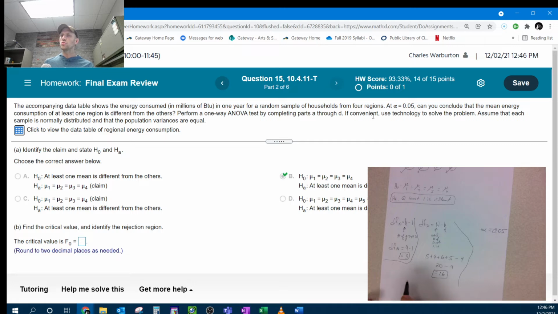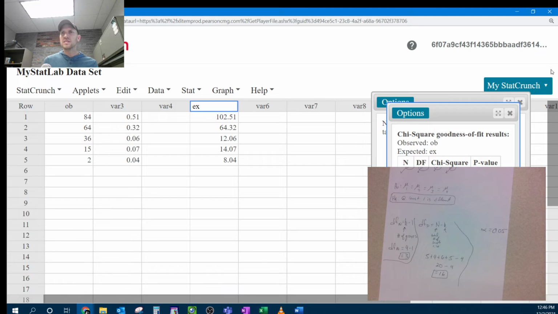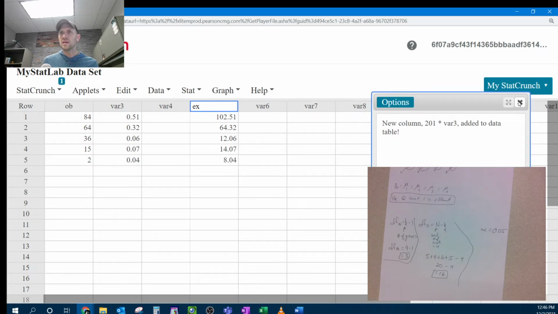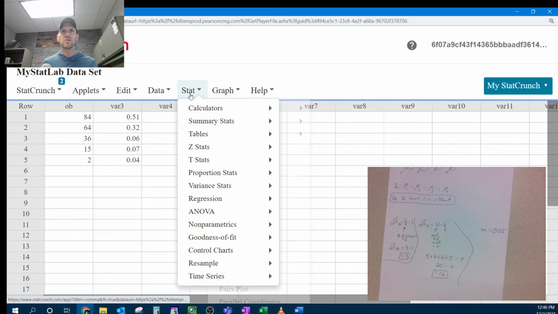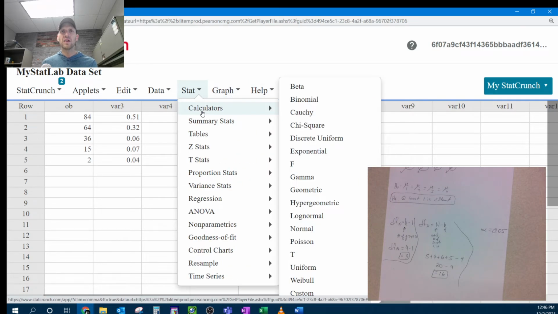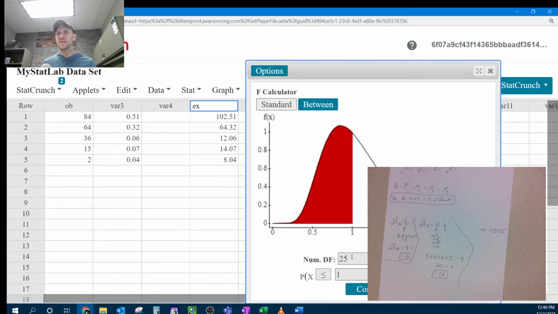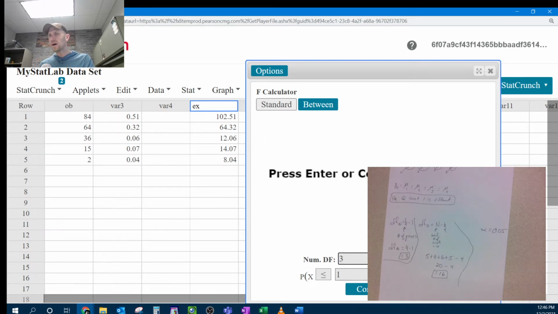All right, so how do we find our critical value? Go back to StatCrunch. In StatCrunch, we go to the F statistic calculator. So we go to Stat, Calculator, F, and then it asks for the degrees of freedom in the numerator, 3, and the degrees of freedom in the denominator, 16.